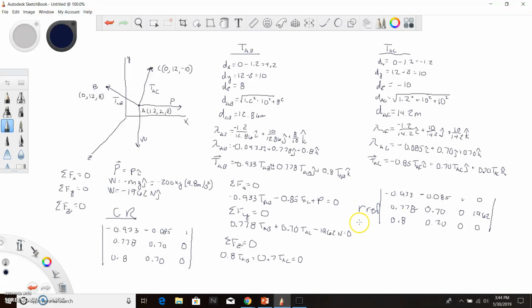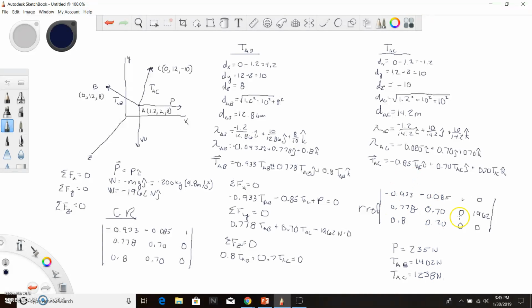I'm going to do an RREF on that, and what you should get is P equal to 235 newtons, TAB equal to 1,402 newtons, and TAC equal to 1,238 newtons.